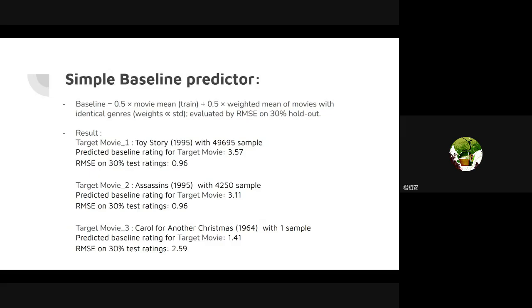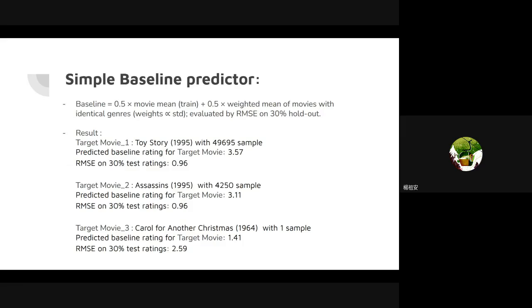And the weight is considered by the standard deviation, because I think the more concentrated the movie's tags are, the more weight it should have than the others. So I use the standard deviation to consider that, and then evaluate the RMSE on the 30% of the whole set.